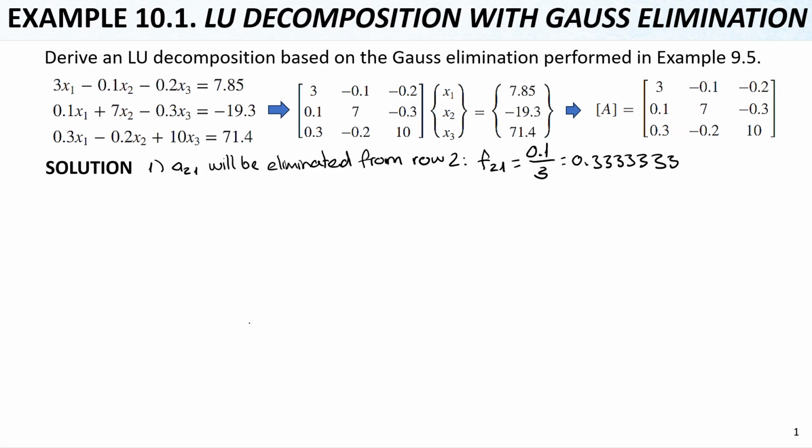Also, in the second step, because you know this already, I'm not going to do all the details. In the second step, we will eliminate A31 as well.